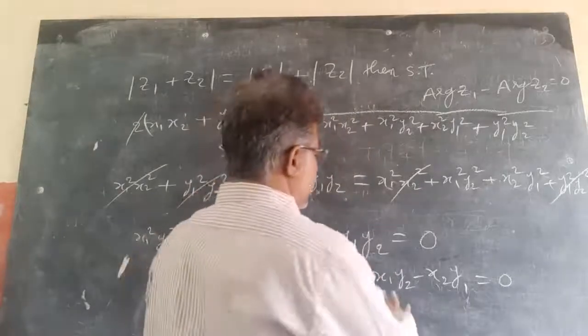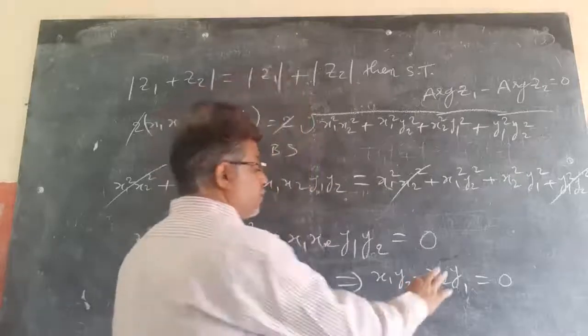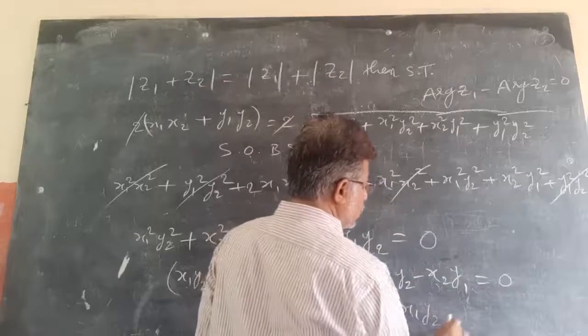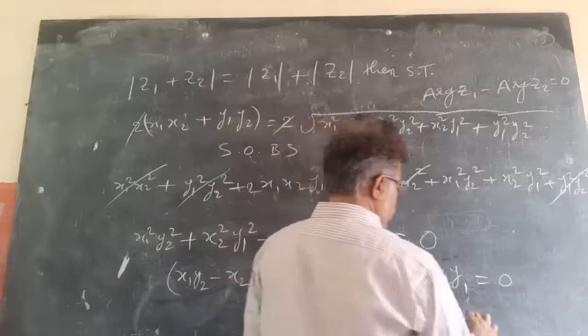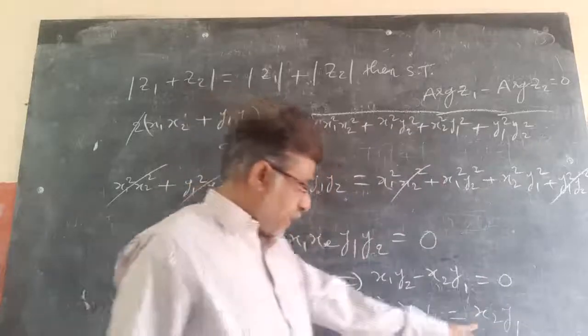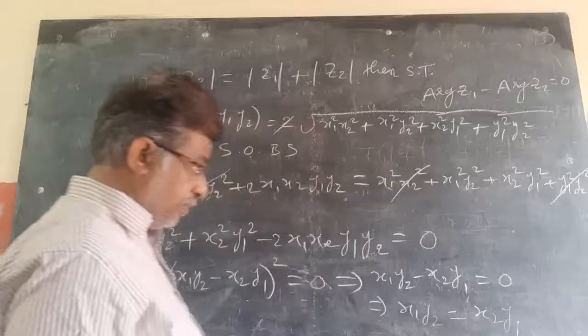Where we are now: x1 x2 plus y1 y2 minus y1 y2 equal to 0 implies x1 y2 equal to x2 y1. Bring this to this side, this to this side. Now x2 to this side, y2 by x2, x1 to that side, y1 by x1.